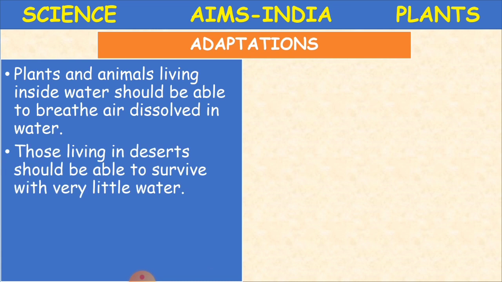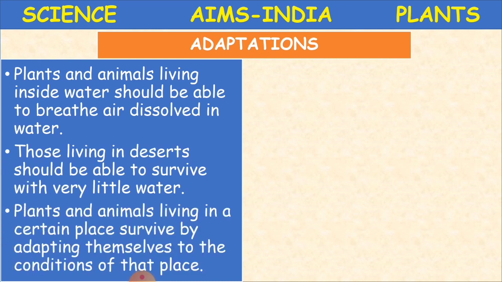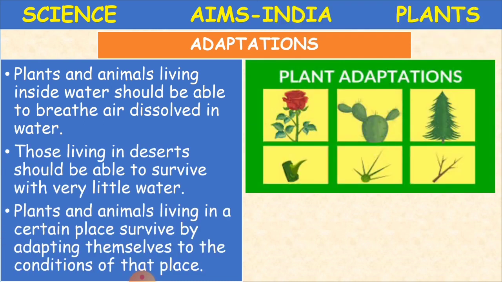Adaptations. Here we are talking about adaptations. Plants and animals living inside water should be able to breathe air dissolved in water. So first of all, what is adaptation? Adapt in the sense making ourselves comfortable, adjusting to something. They are making themselves able to live.